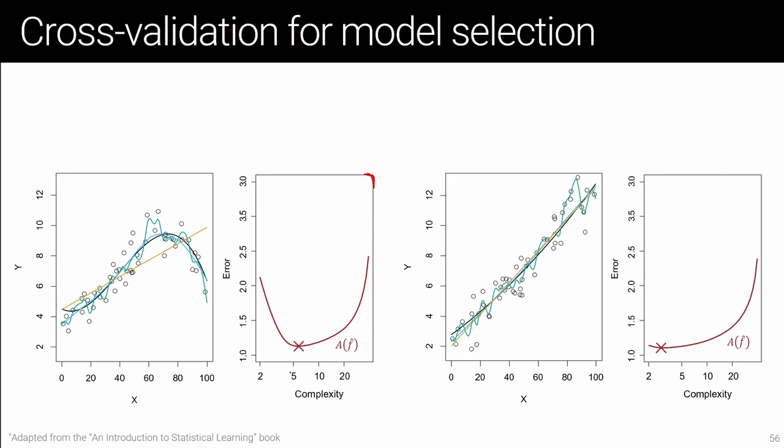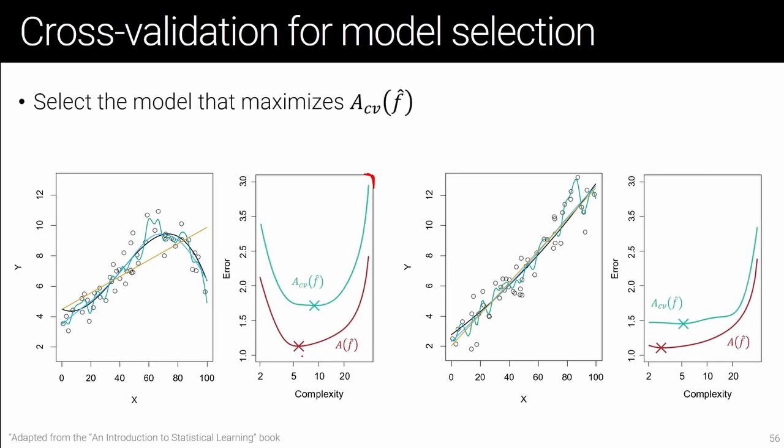If we do cross-validation, we can similarly plot our estimate of the error as a function of complexity, as we estimate it through cross-validation. So it would be something like this green line over here. It would be about choosing the model complexity that minimizes the error in cross-validation. So it would be this point over here, more or less 8, 9 in terms of complexity.